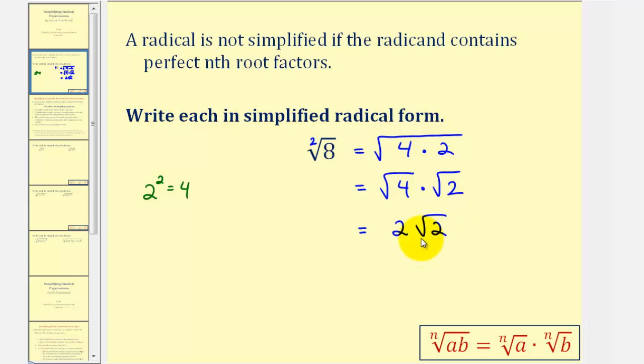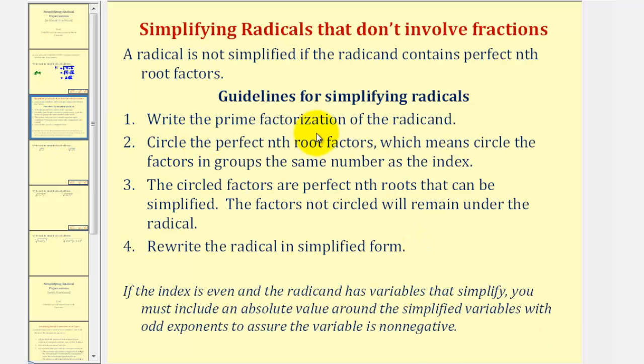But it's not always easy to identify the perfect nth root factors of a radicand, so let's talk about a method that we can use to simplify radicals. We're first going to write the prime factorization of the radicand, and then we're going to circle the perfect nth root factors, which means we'll circle the factors in groups the same number as the index.